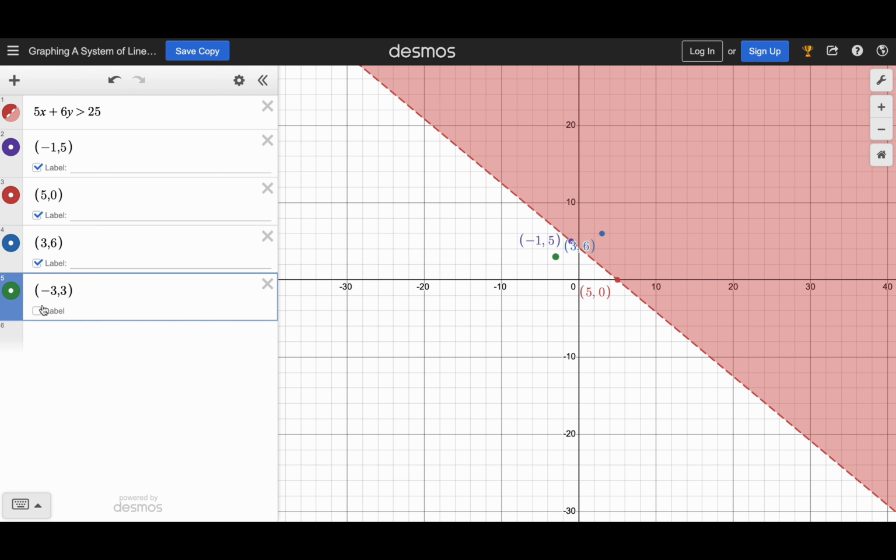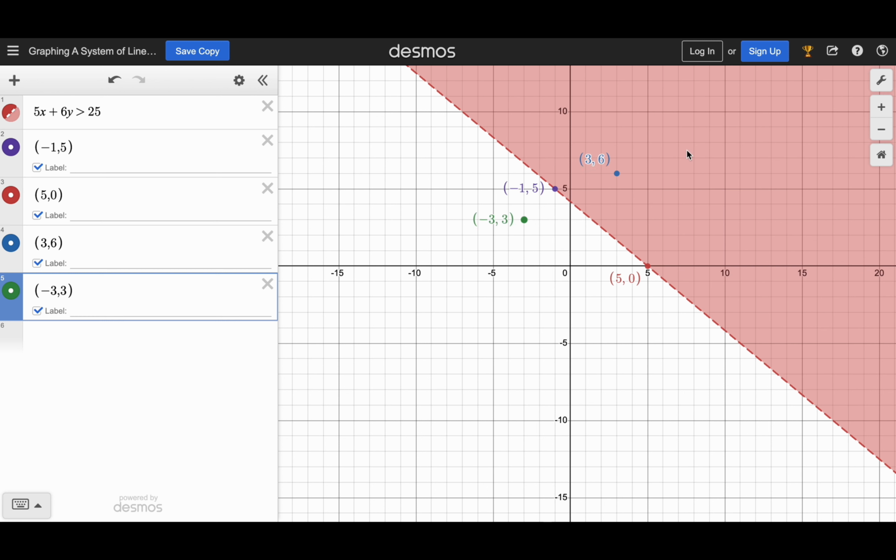Where is negative 3 and 3? Here, it is outside your shaded region. Next, we have 5 and 5. What's the answer for this one? This is true. So where is 5 and 5? It's in the shaded region.